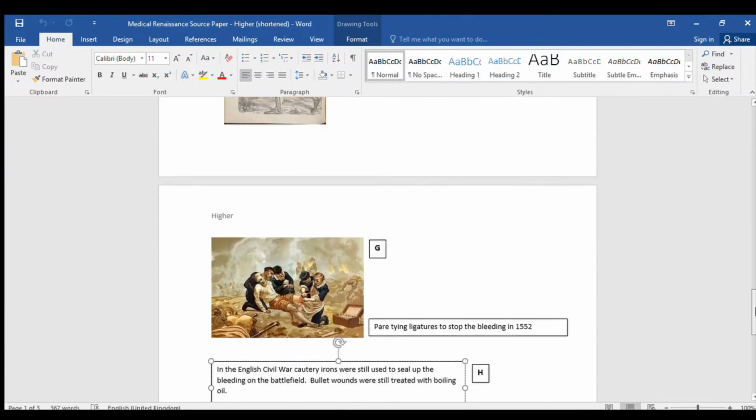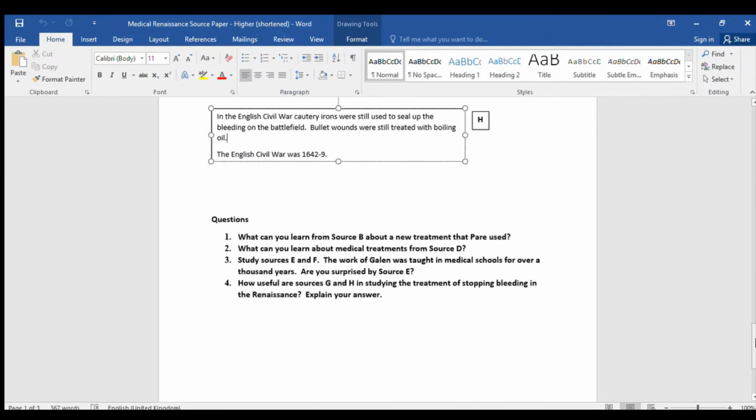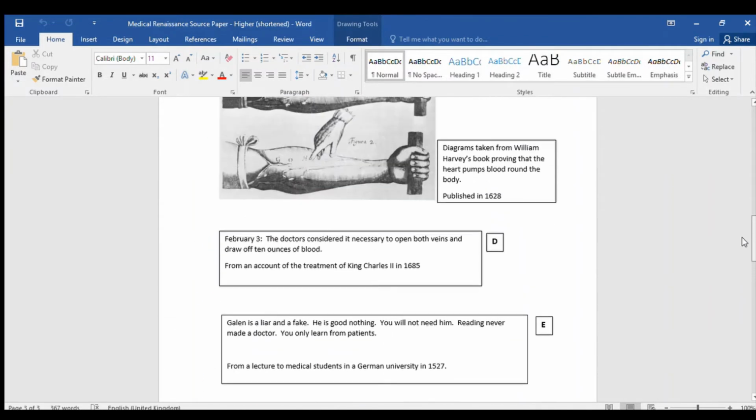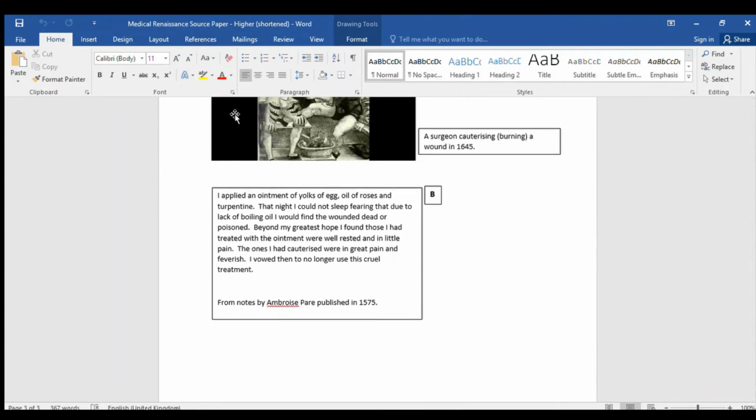Now I'm going to go through the questions exactly as I would in class, telling you which source to use and how to answer it. Your first question says: what can you learn from source B about a new treatment that Paré used? Source B is this written source here. I want you to read it and write down 3 things you can learn about this new treatment.